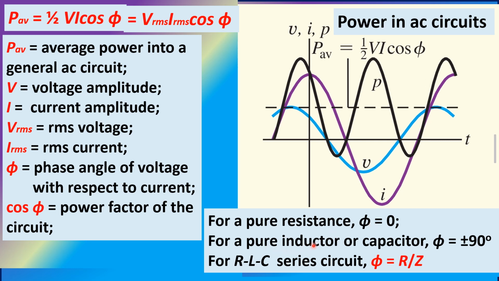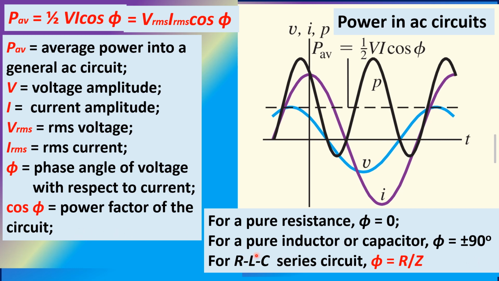But for a pure inductor or capacitor whose phase angle phi is either positive or negative 90 degrees, for the pure inductor, we know that the voltage leads the current by 90 degrees, while in the capacitor, the voltage lags the current by negative 90 degrees.